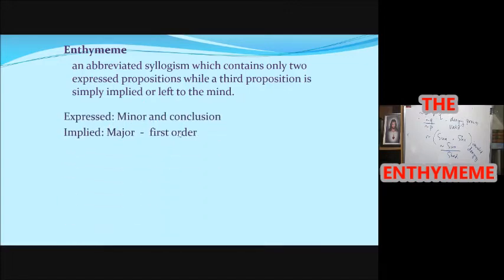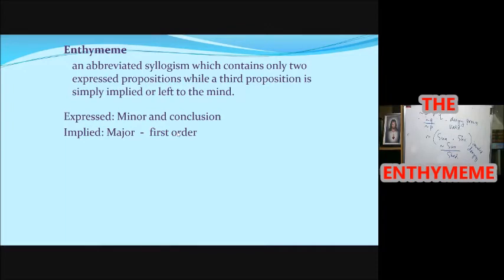Now there are three orders of enthymeme. The first order contains only the minor and the conclusion. The major premise is implied. By implied, meaning it is not fully constructed.